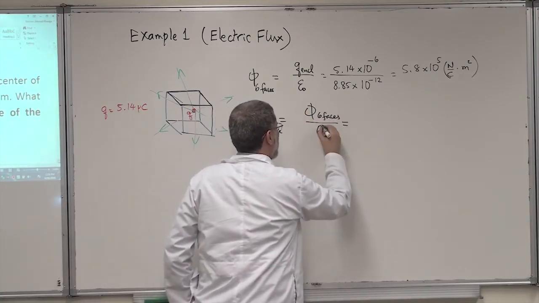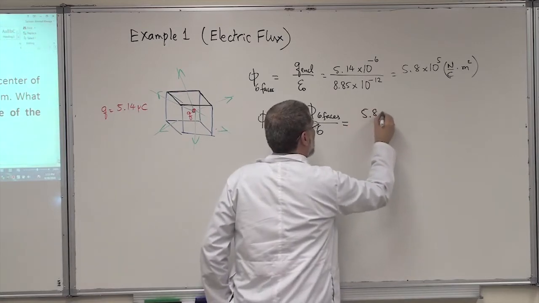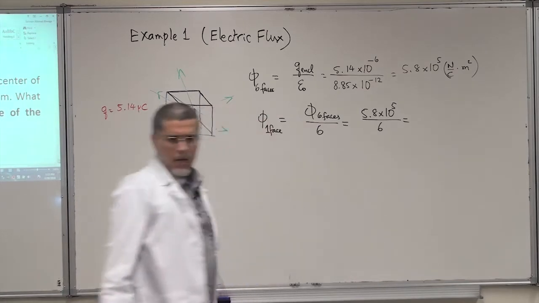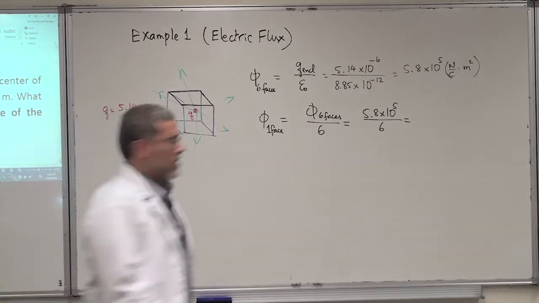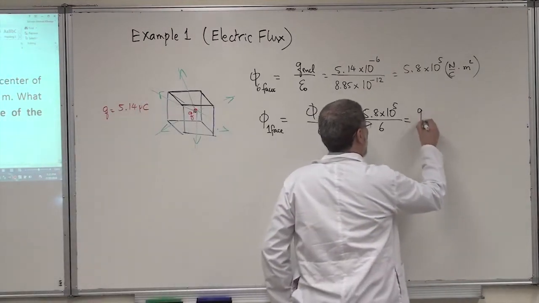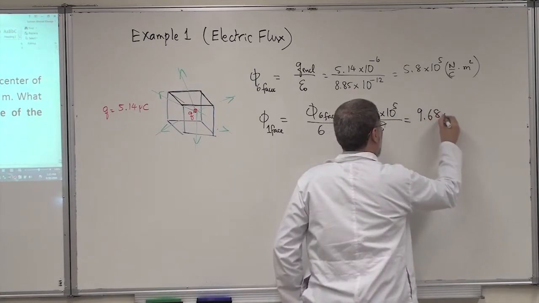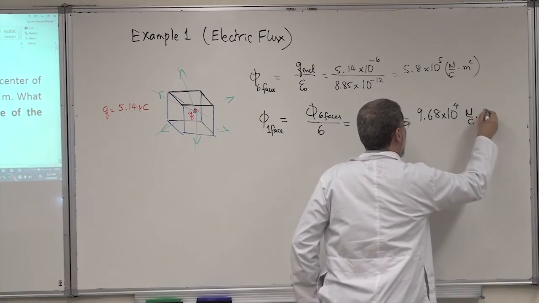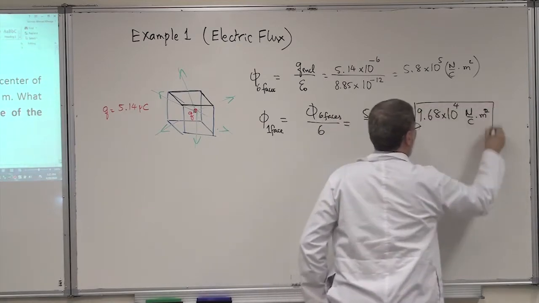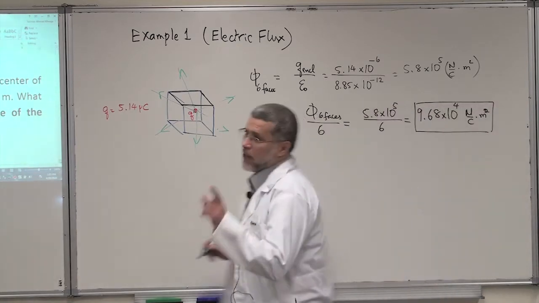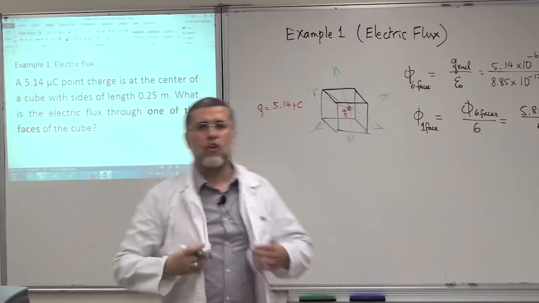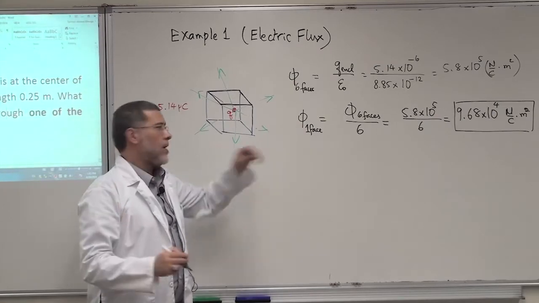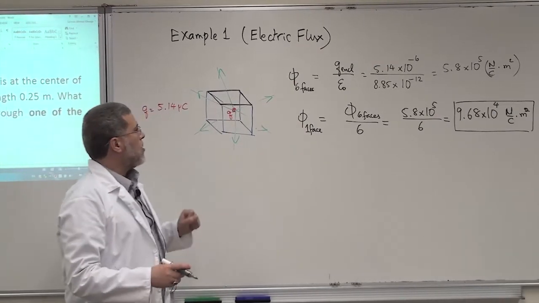I take this number, 5.8 times 10 to the power 5, and divide it by 6 to get 9.68 times 10 to the power 4, if you do the calculation correctly, newton meter squared per coulomb. This is the answer we are looking for, the flux through one face. Imagine he asks you about the flux through 2 faces, then you take this value and multiply by 2. This is how you would solve a problem like this.